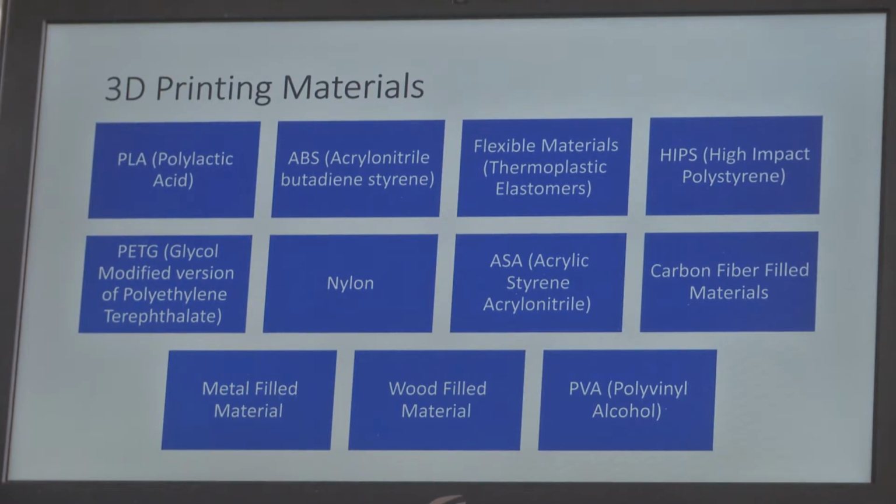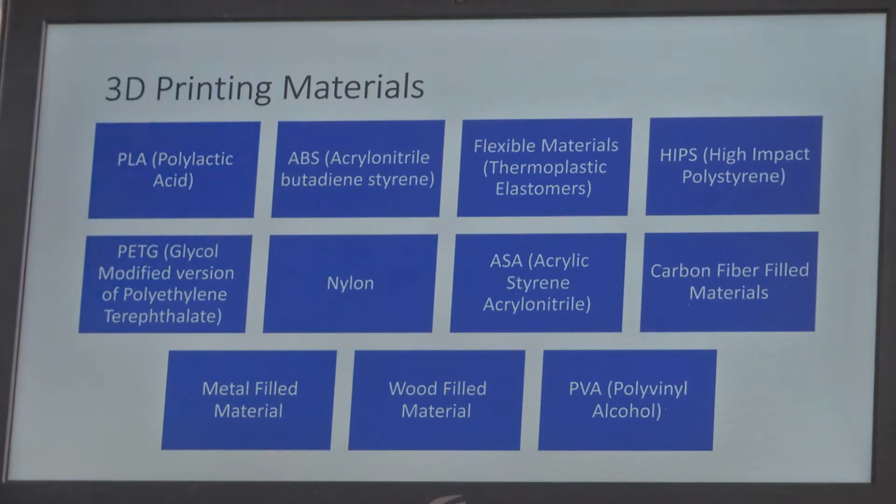And for easy printability, PLA has the most advantage, and if fine powder of carbon fiber, metal or wood is mixed with PLA, that is also easily printable. Easily printable means a 3D printer with low specification can print that.